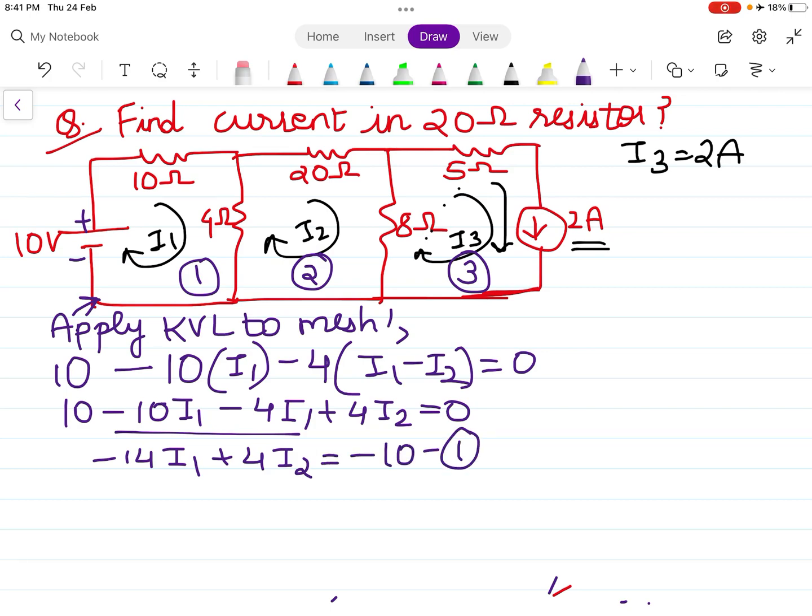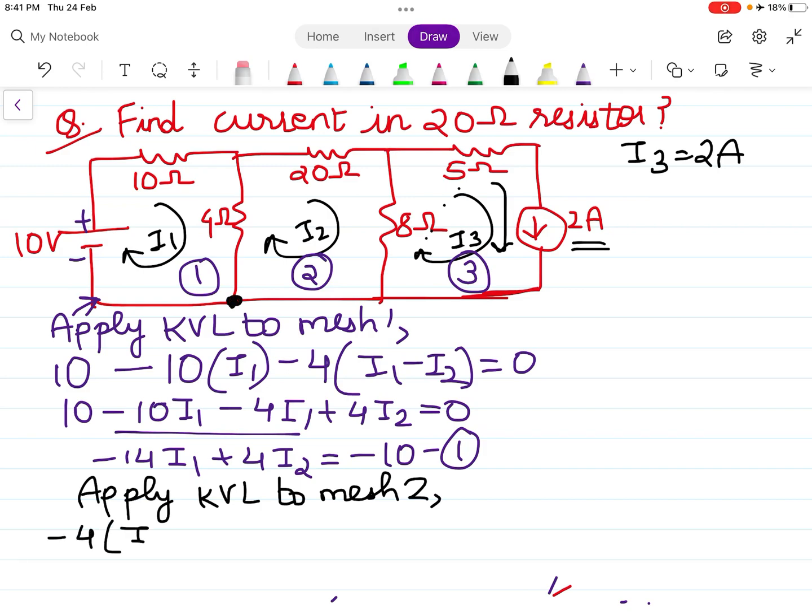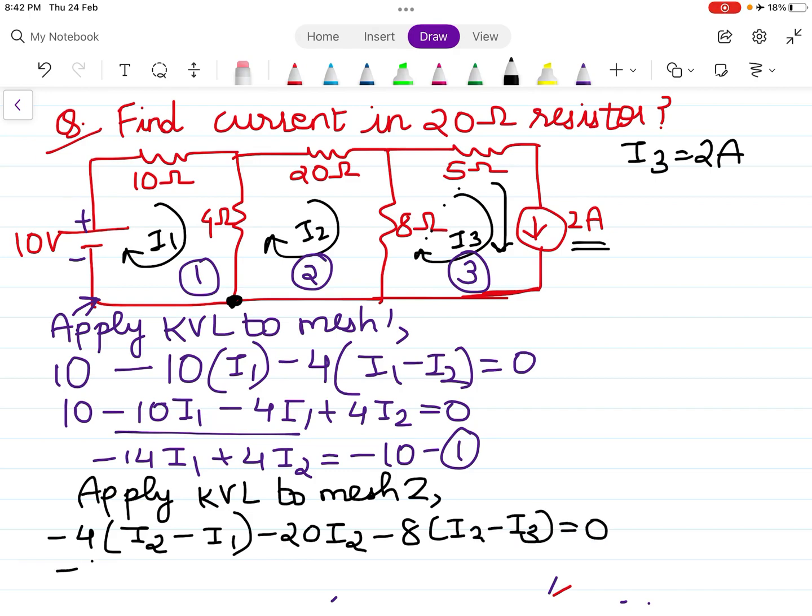Equation 1. Then I will apply KVL to mesh 2. Starting from this end, minus 4 (I2 minus I1), since I2 current is more, minus 20 I2, minus 8 (I2 minus I3) equal to 0.